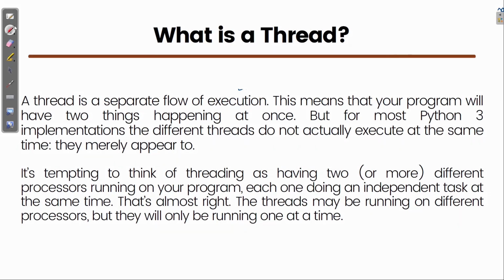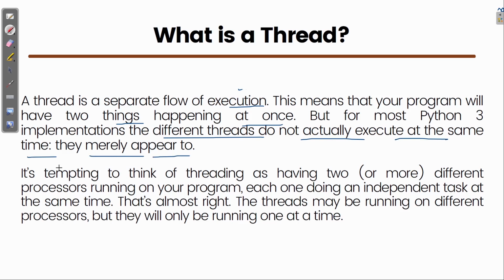So what is a thread? I hope that till now you are clear with the concept of a thread, but let me give you a proper definition so that you can tell it to anyone. A thread is a separate flow of execution. This means that your program will have two things happening at once, but for most Python 3 implementations, the different threads do not actually execute at the same time; they may merely appear to.